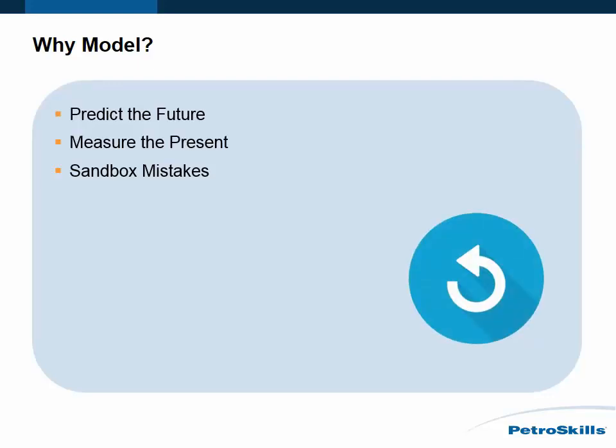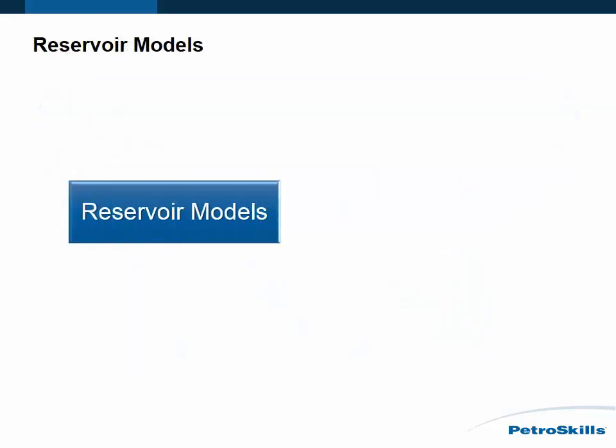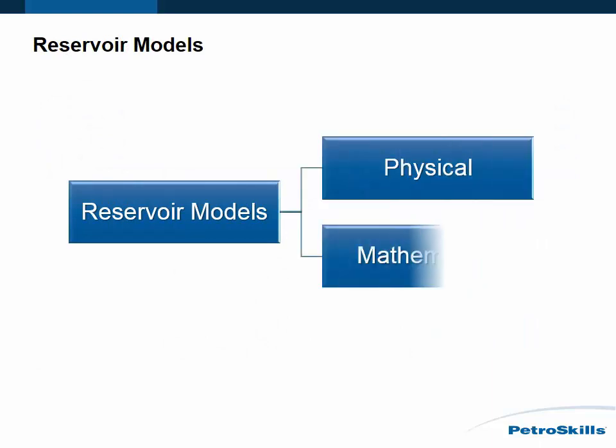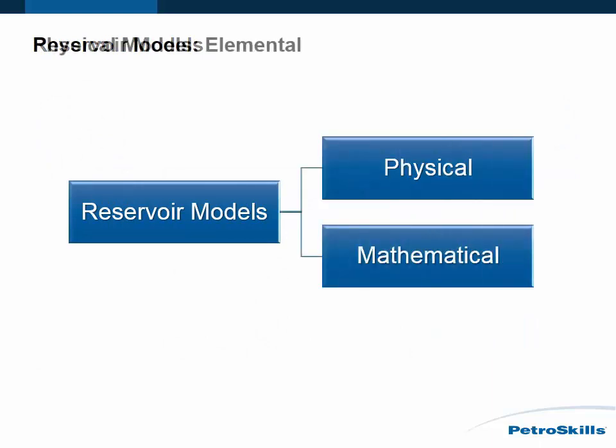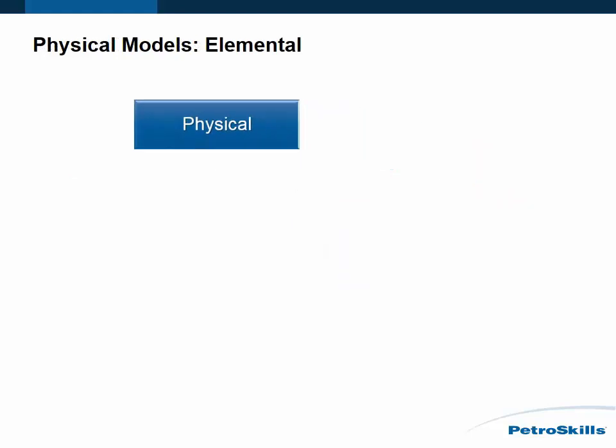All our reservoir models can be divided into two types, physical and mathematical. In the 1950s, reservoir engineers actually used to build physical models of their reservoirs using sand, mineral oil, and water. Then they would stick straws into the sand to produce the model.